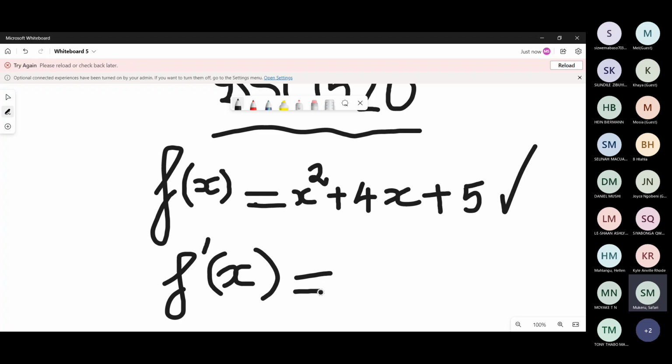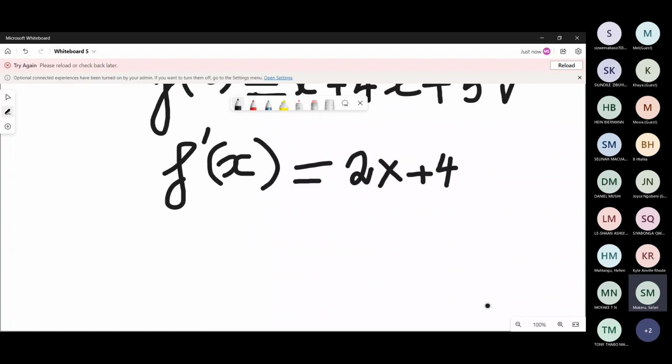What is f prime of x, please? Anyone? 2x. Yes, 2x. This is quite easy. Plus 4, and the 5 becomes 0, because 5 is a constant. Its derivative is just 0.